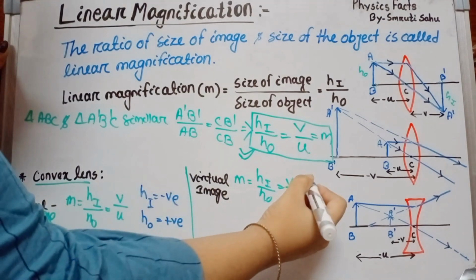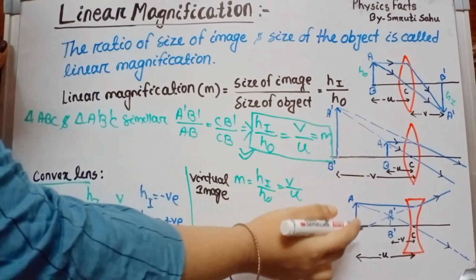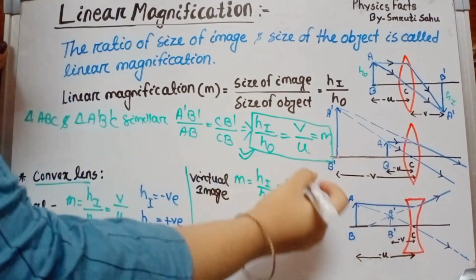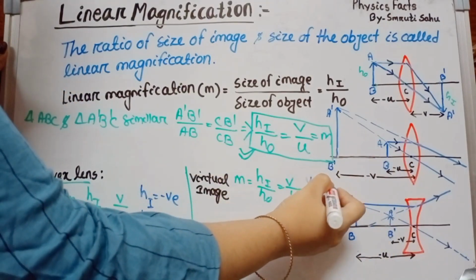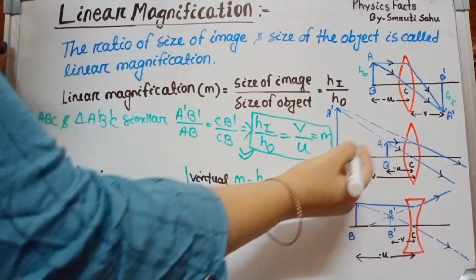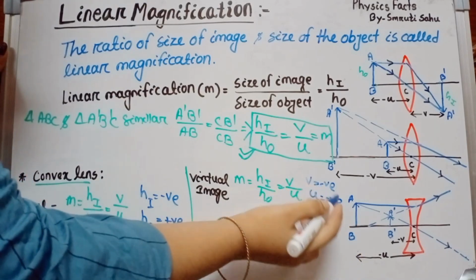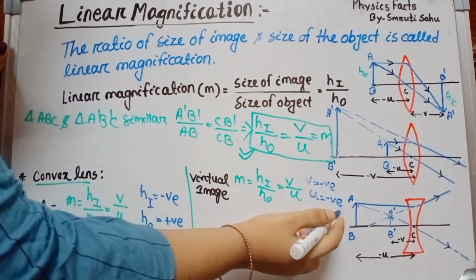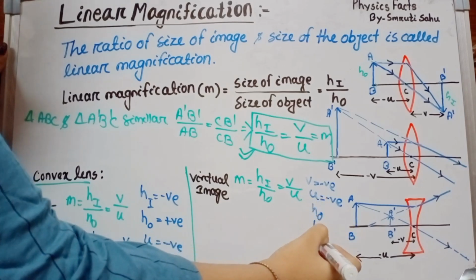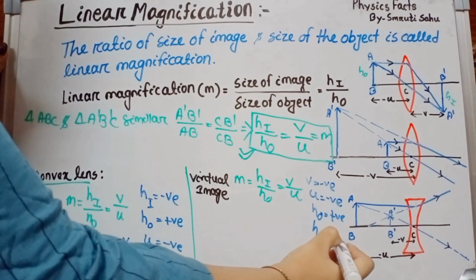In case of a virtual image, whether from a convex lens or a concave lens, image distance and object distance are both negative. v is negative, u also negative, because object and image both lie on the same side. And height of the object and height of the image are both above the principal axis, so both have positive sign convention.